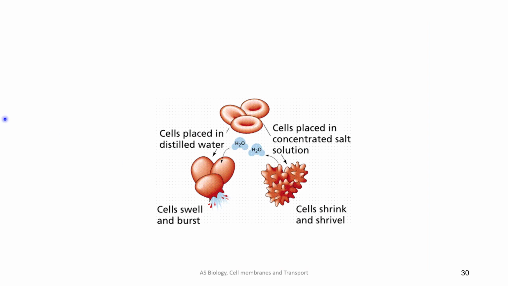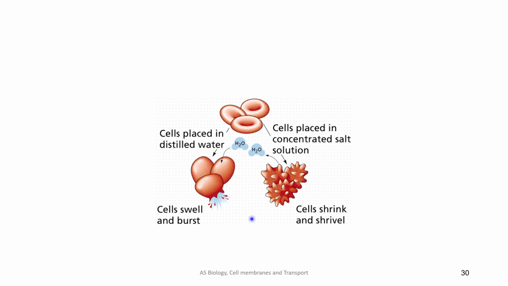So jumping back really quick, this is an example of osmosis in our blood cells, okay? So this is a red blood cell. In two examples, in the first example, this blood cell has been placed in distilled water. So it is pure water. What is going to happen is there are more molecules inside of that red blood cell than outside.